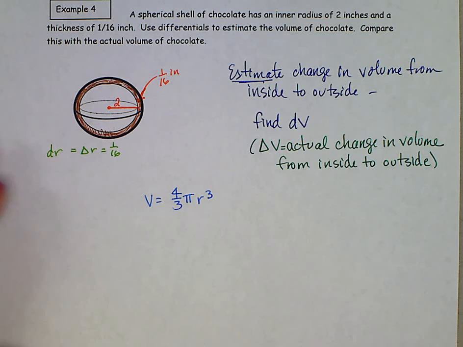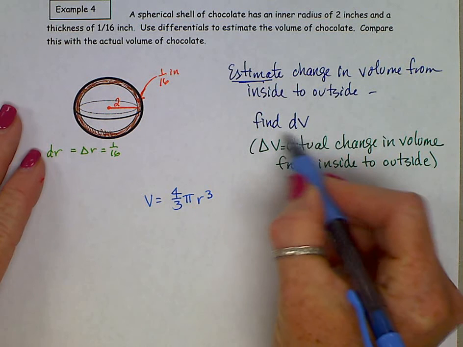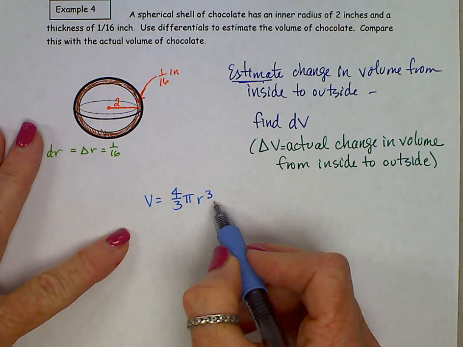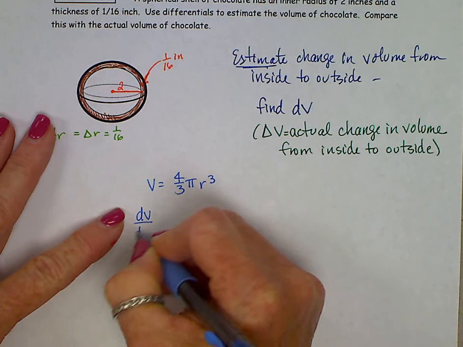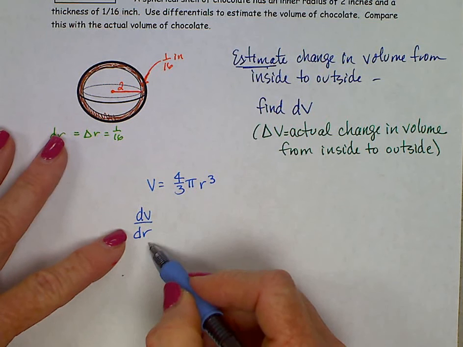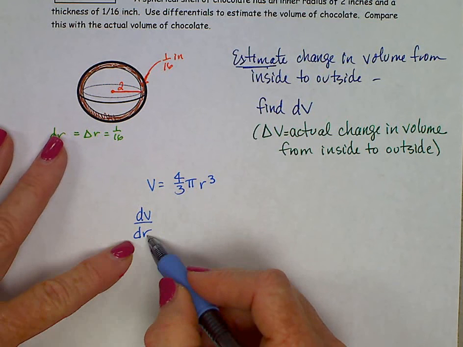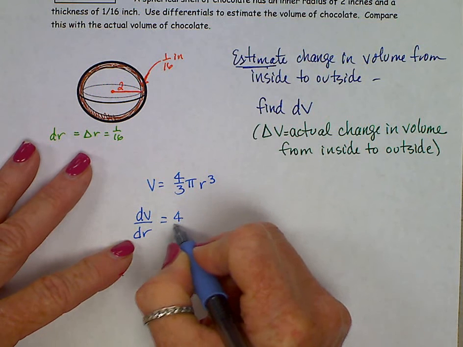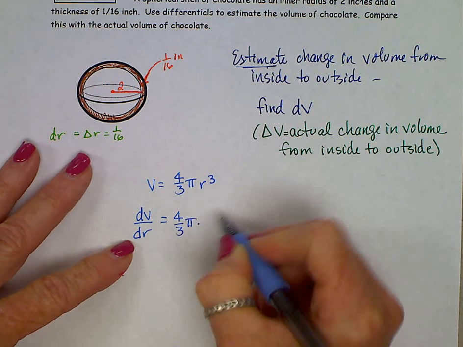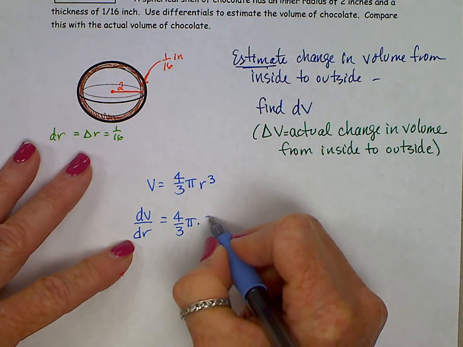We are wanting to find dV, so let's do a derivative here and use the notation dV/dr, like dy/dx. So dV over dr equals, let's do the derivative here, this constant multiple comes down. The derivative of r cubed is 3r squared.